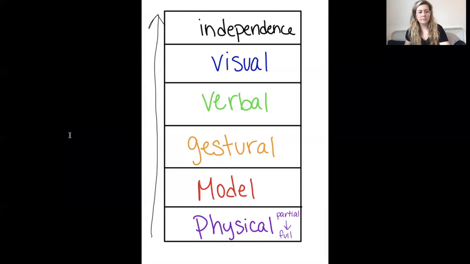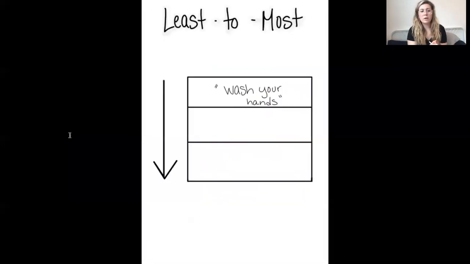All right. An example provided by Netzel and Woolery in 2009 is if a teacher wants a learner with ASD to learn how to wash their hands, the target stimulus is their dirty hands, and the cue might be the teacher saying, wash your hands. So when the learner doesn't respond, if we're using least to most, maybe the next is a gesture.